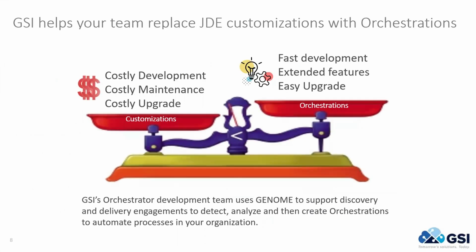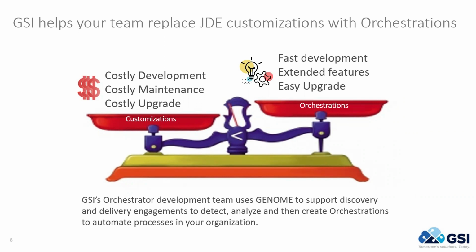So we help you replace your JDE customization with orchestration using this tool. What it really does is help reduce the ongoing maintenance involved in keeping your current customizations as customizations, replacing them with user-defined objects, orchestrations, logic extensions, and then again, as I mentioned, for some of the forms, you're just using form personalizations, form extensions.